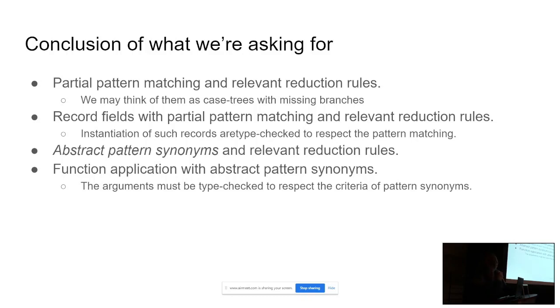And we also need function applications where, if we see a parameter which is required to be a pattern synonym, we actually check the argument to be a pattern synonym. So the arguments must be type checked with respect to the criteria of pattern synonyms. And by that, we implement something that allows us to pass a pattern synonym around and put it into pattern matching, which is abstract over these reduction rules.